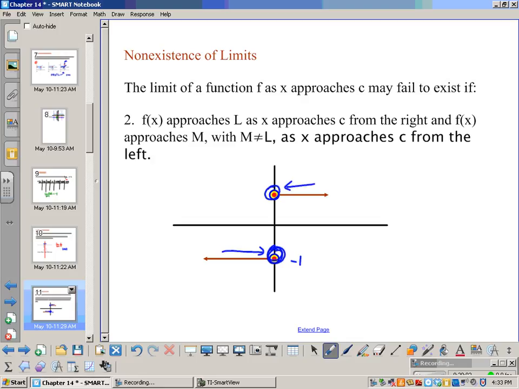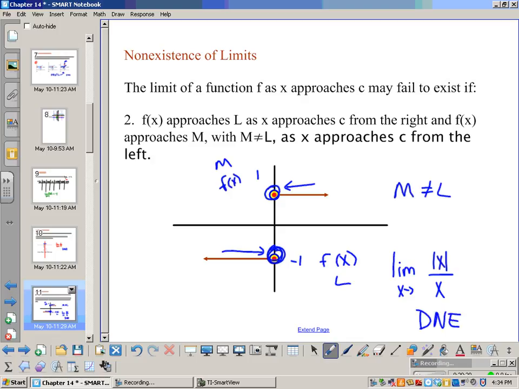But as we're approaching from the other side, f of x is approaching +1. These two different values are what we're calling L and M, and you notice that L and M are not equal to each other. So in this case, the limit would not exist. This function here is the graph of the absolute value of x over x. And so we're saying that this one does not exist.